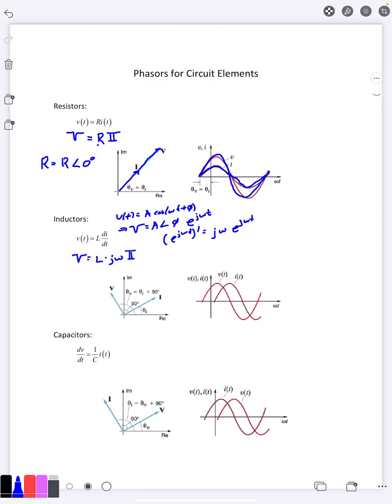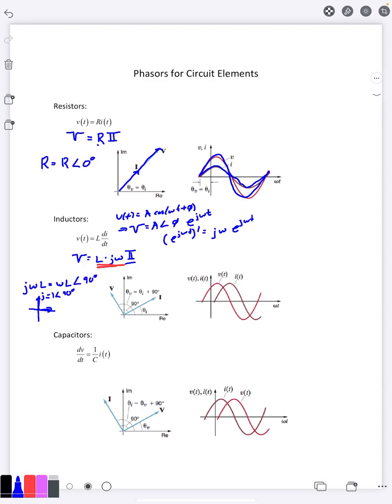So if you take your current, you're then multiplying by this number j omega L. And j omega L, since again omega is a real number, L is a real number, and j is at a 90-degree angle, right? This is the real axis, this is j here. It's at 90 degrees. So omega L is your magnitude and your angle is 90.